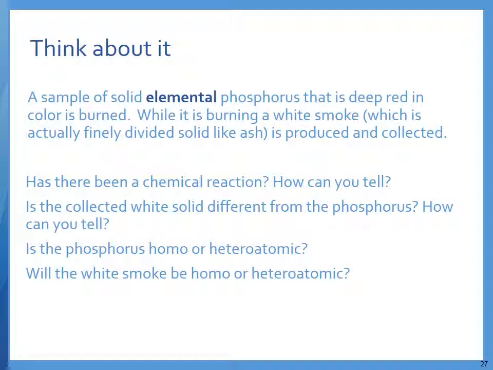So probably what's happening is the phosphorus is combining with oxygen or some other element to make a compound, a heteroatomic. Now, there are very rare times where one element can turn into another form of itself, but when we're saying burning, smoke, that is a reaction, which means that that phosphorus is combining chemically with something else. So just something to think about.